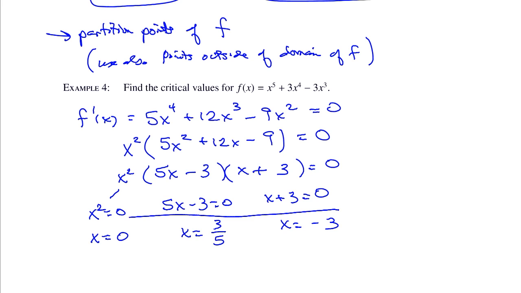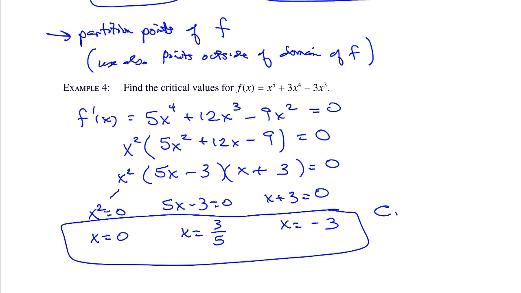And those are your critical values. So where do your critical values come from? Two places. f prime is 0 or f prime is undefined.